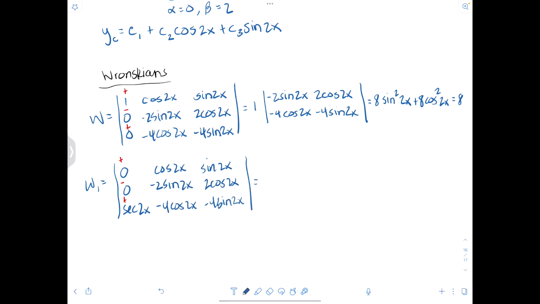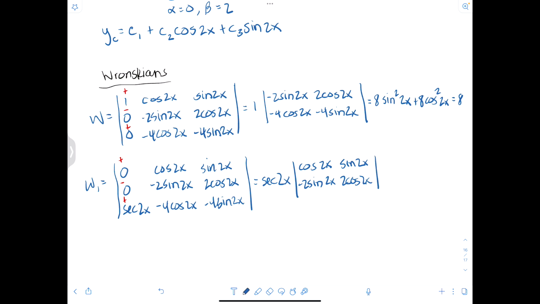So that's going to be positive secant 2x times the determinant: cosine 2x, sine 2x going across, and then negative 2 sine 2x and 2 cosine 2x.